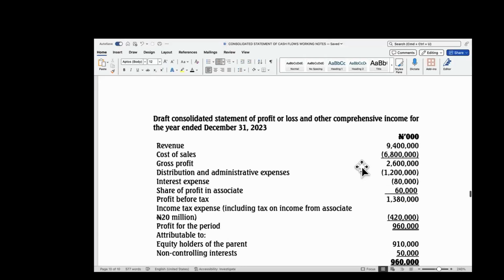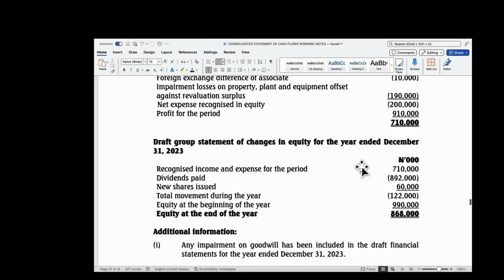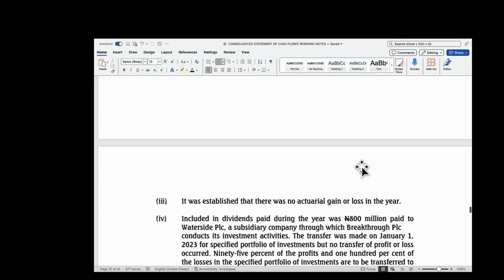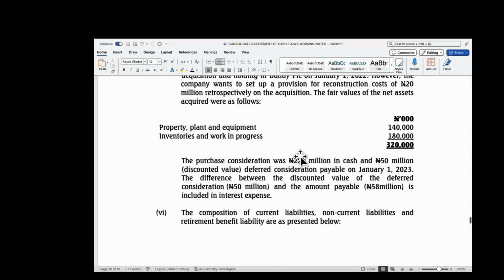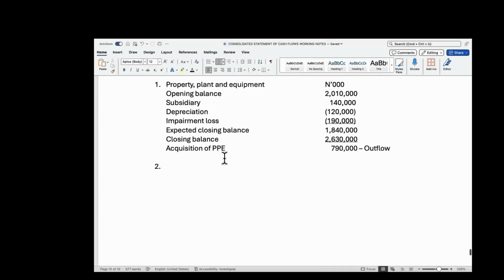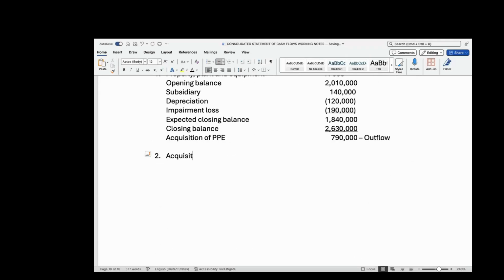And in my examination, the first thing I need to establish is the fact that, yes, they acquired a subsidiary and they actually paid 200 million. So as a result of goodwill calculation, I will know that there was an acquisition of subsidiary and there is an outflow of 200 million.